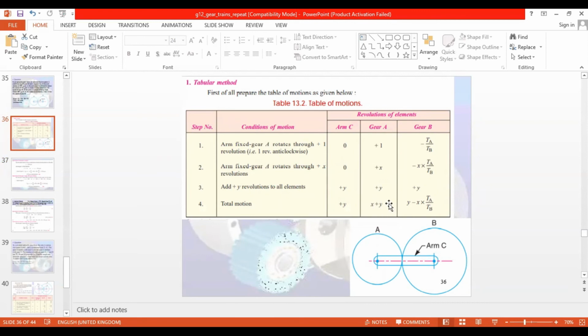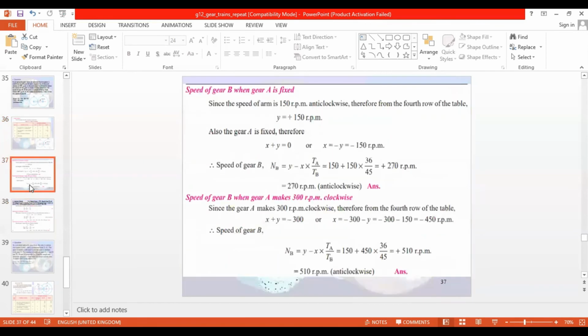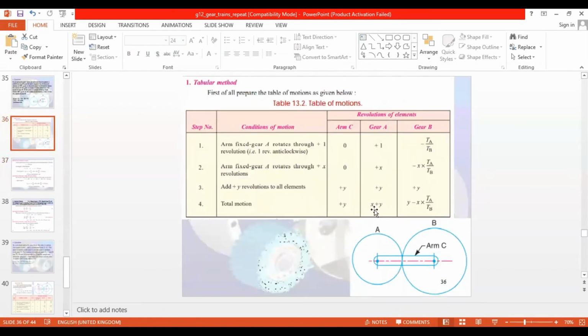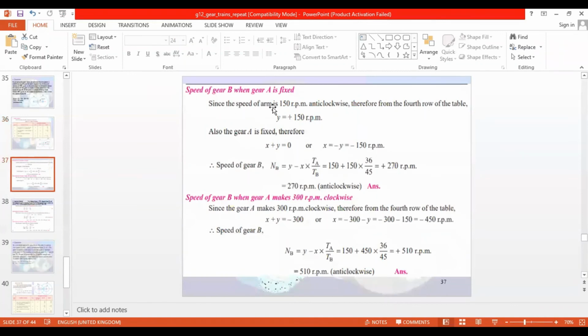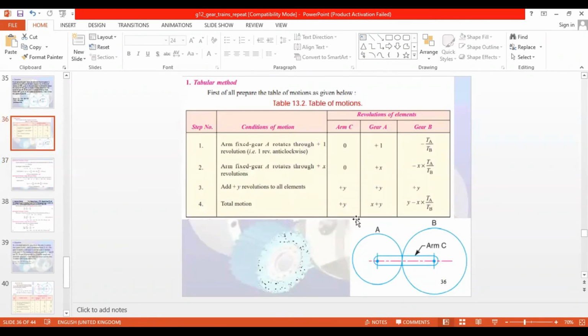This is the motion of A. So x plus y is equal to minus 300, where minus is for clockwise motion because anticlockwise is taken as positive here. And 300 is the motion of A.